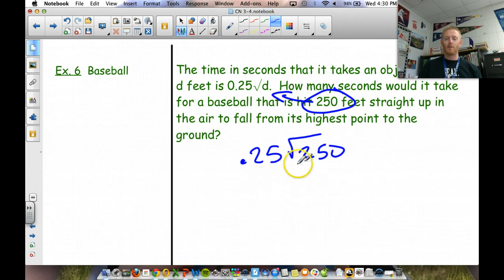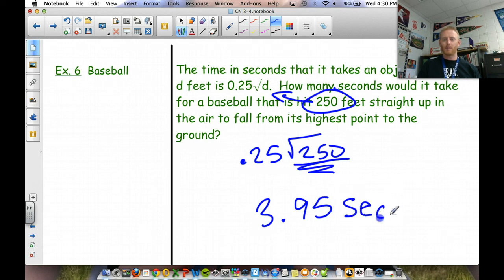So I'm going to leave the number in the calculator and then multiply by 0.25. I get 3.95, and we're talking about seconds. It's going to take 3.95 seconds for it to fall from 250 feet in the air.